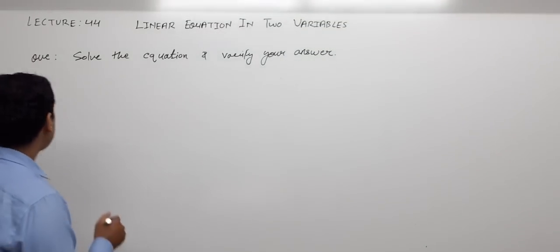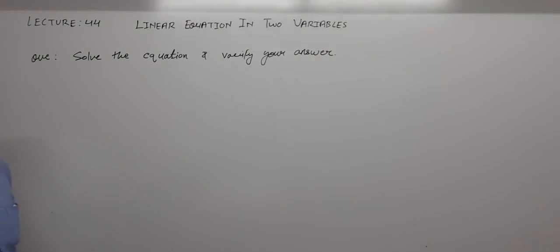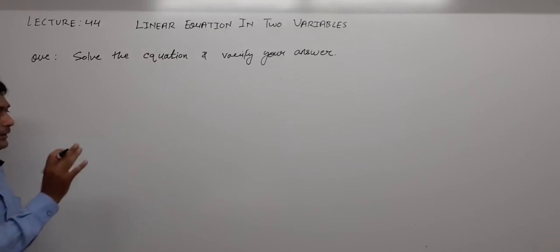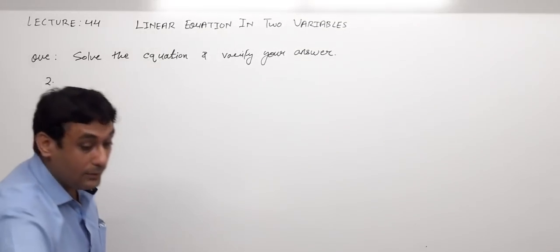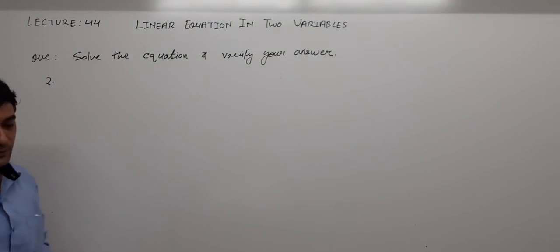Now next question. See, the first question I took very easy just to give the concept. Now we will see a little bit lengthy question that you may get in your WRTs. Okay.